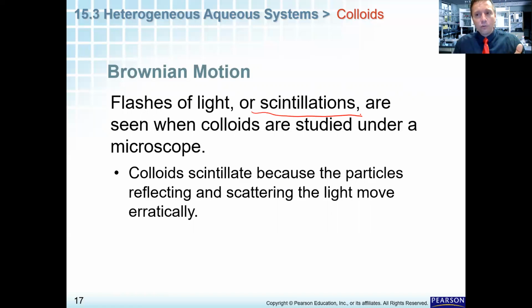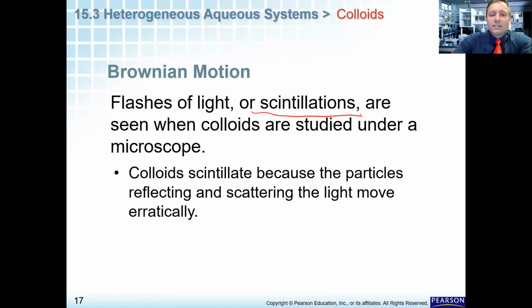The water's not moving. That's Brownian motion, actually. So it's moving because the molecules in the water have kinetic energy. We talked about that. So they're in constant motion. So it's actually striking and moving and scattering those little yeast particles that you dropped into the water, and that is why. And that's a form of Brownian motion.